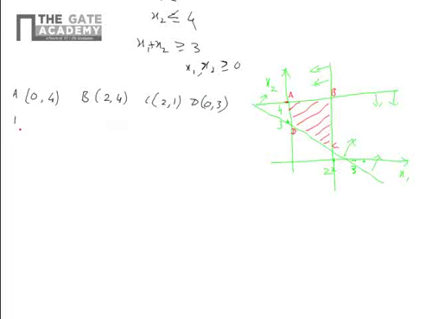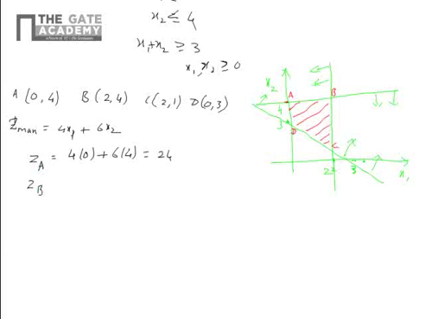So if you substitute these values into the objective function Zmax equal to 4x1 plus 6x2, then ZA equals 4x1, which is 0, plus 6x2, which is 24.